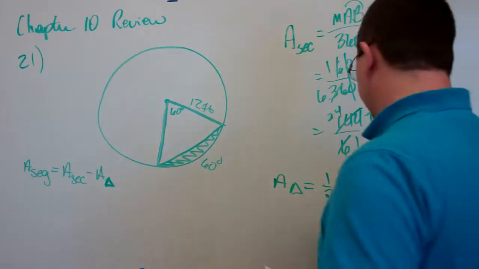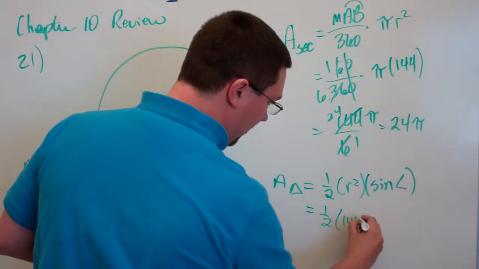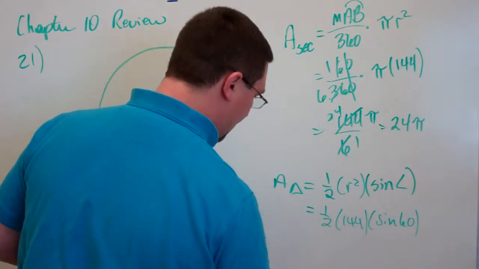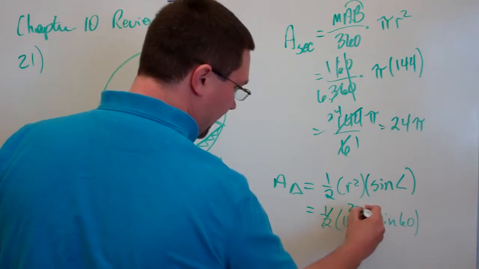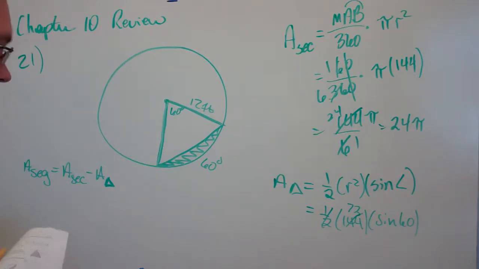Okay? So this is 1/2, 144, times the sine of 60. Okay? So you can half this, what is that, 72? So 72 times the sine of 60. The sine of 60 is the square root of 3 over 2.